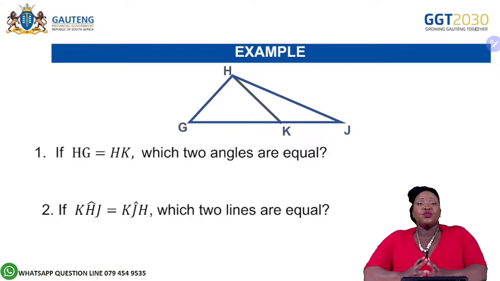Now I want us to discuss the correct reasons for us to use when we are given equal lines in a triangle, and also when we are given equal angles in a triangle. Remember, the whole understanding behind being able to classify triangles is not for you to just tell me the name of the triangle, but to be able to use those properties to solve for the unknown.